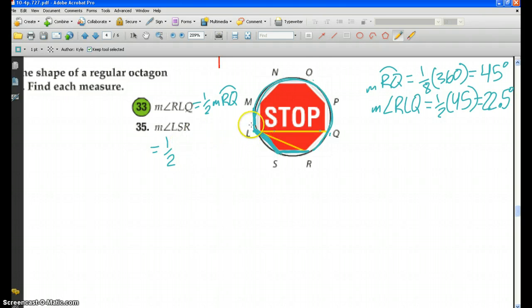I'm just going to call it LOR. So half of LOR. Now for LOR, remember there are 8 of them altogether for the entire circle. LOR would be 6 of the 8 because there are 2 down here, LS and SR.